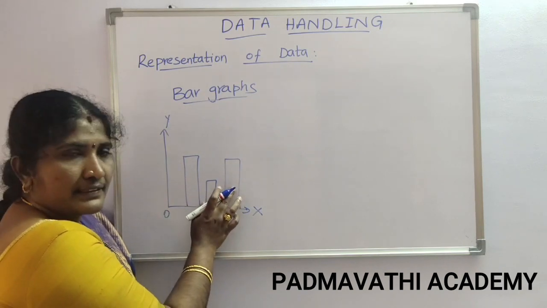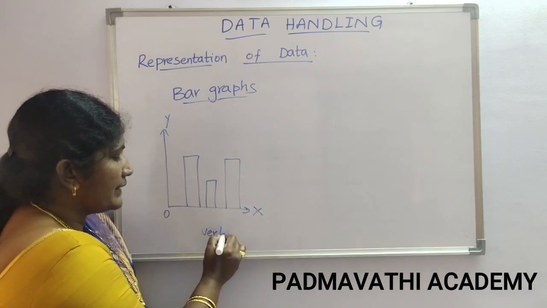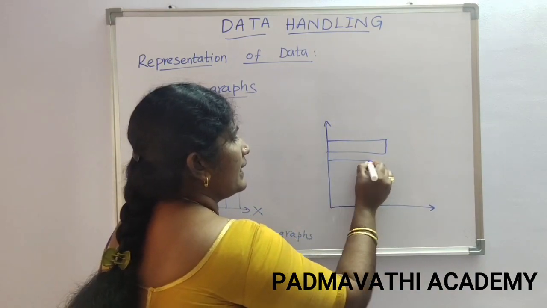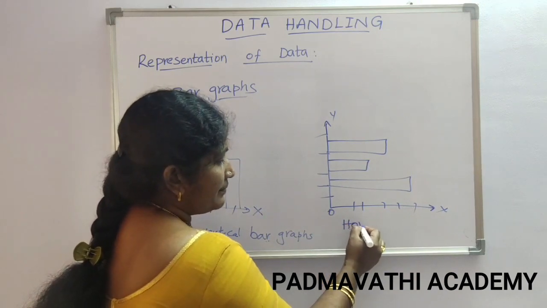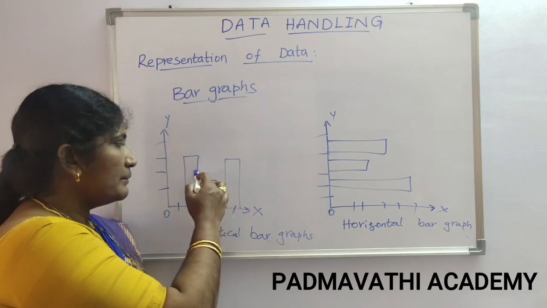Here these rectangles are vertical, so this is a vertical representation, a vertical bar graph. If the information is represented horizontally like this, then it is called a horizontal bar graph. In bar graphs, the information should be represented by bars.